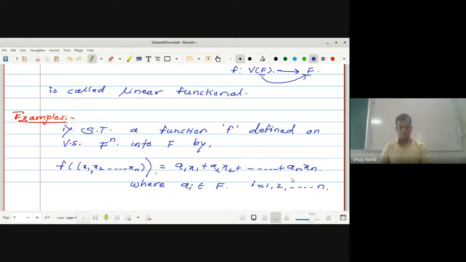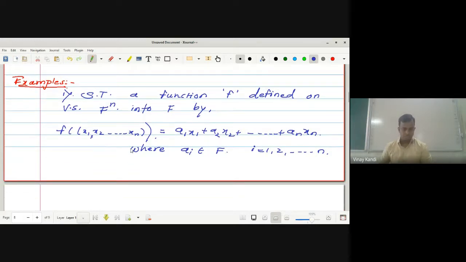Now prove that this one is a linear transformation, a linear functional.